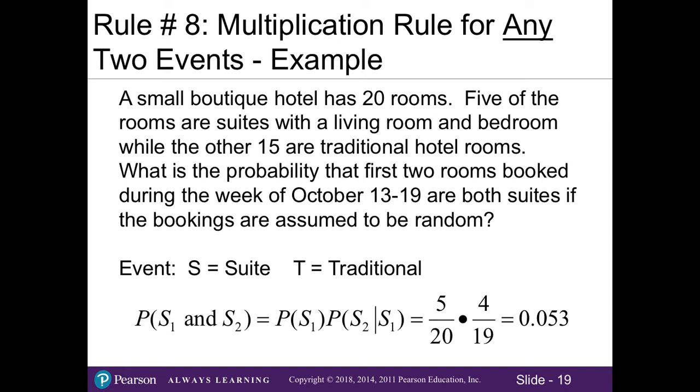And since we've already booked 1 room, that leaves me with 19 rooms remaining. So my second event is 4 suites remaining out of the 19 remaining rooms available in the hotel. When we multiply our fractions across, we get the probability that our first 2 rooms booked in October will be suites at 0.053, or 5.3%.